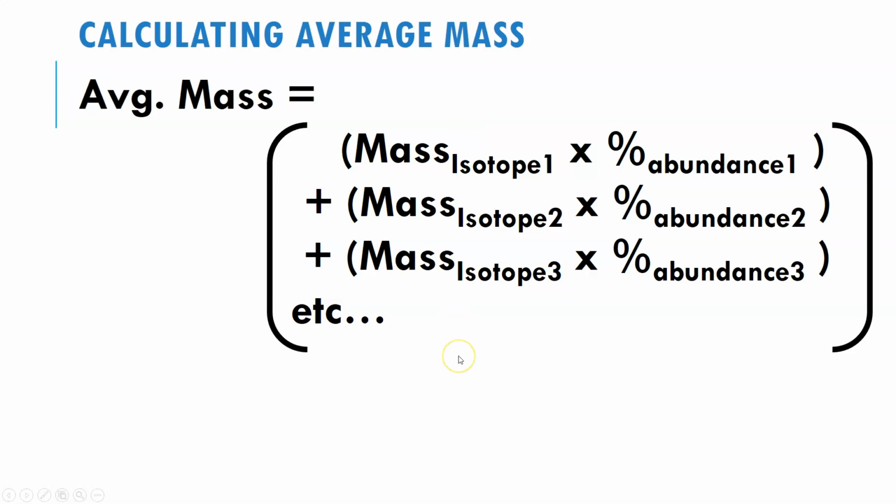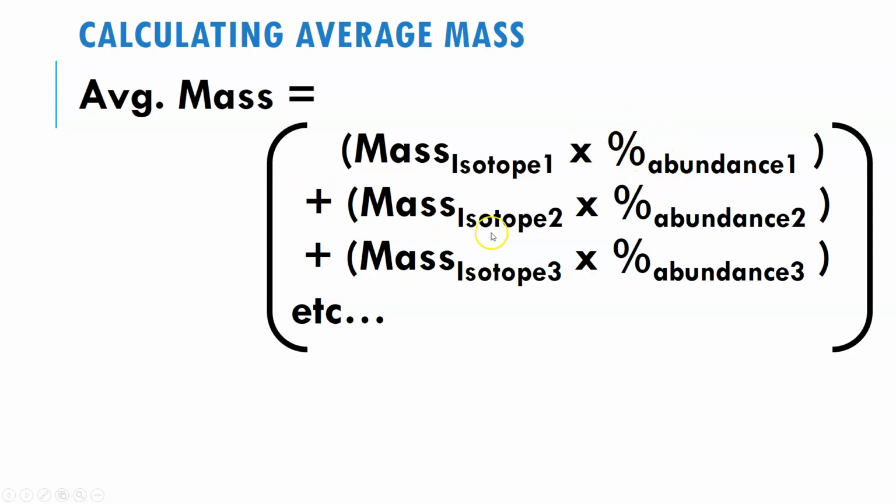This equation looks a little awful at first, okay? But when you look at it piece by piece, you'll see that it's just repetitive. It may be long, but it's repetitive. So what you're going to do is take the mass of isotope number 1 and multiply it by whatever the percent abundance is. So if you have 80% of it, that's what goes here.